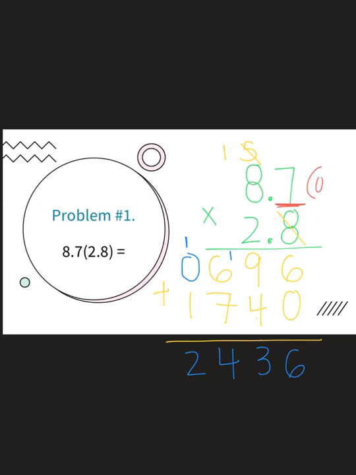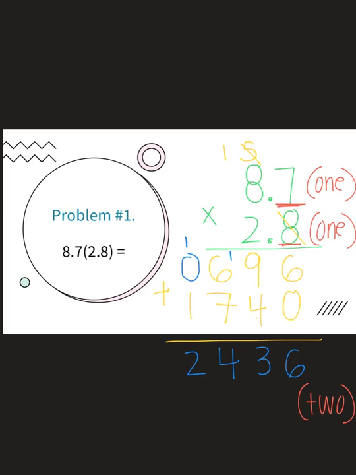So I'm going to put the word 1. And then in the number 2.8, there's 1 number after our decimal again. So I'm going to put the word 1. Now, add those 2 together. 1 plus 1 means in my final answer, I need to move my decimal 2 places in. All I did was add 1 plus 1 and got my 2.